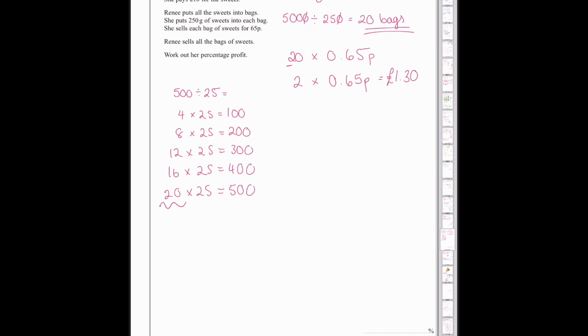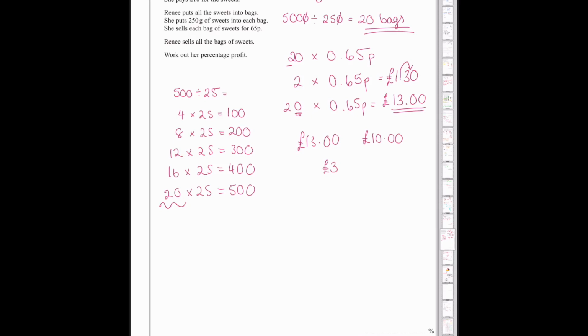Now, what that means is that 20 times 0.65 isn't £1.30, but because we've added this 0 on, we have to move our decimal point, meaning that in total it was £13. So he made £13, but he had to spend £10 on sweets. So altogether he's made a £3 profit.